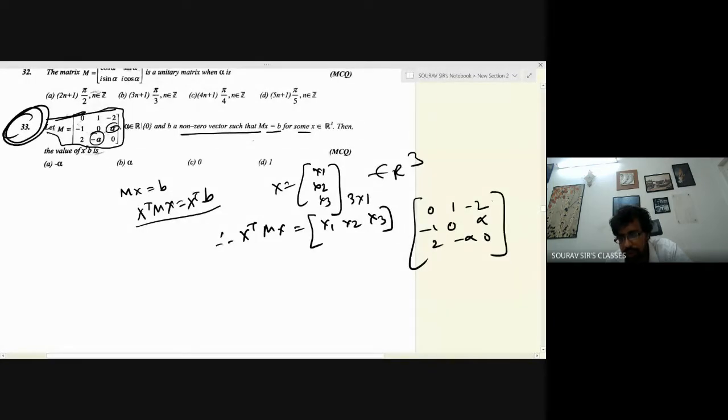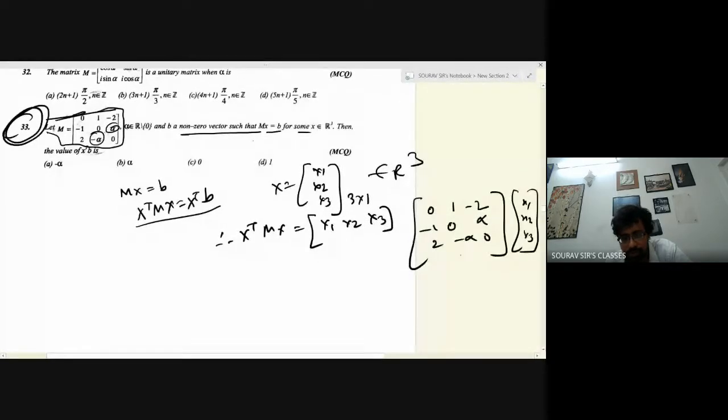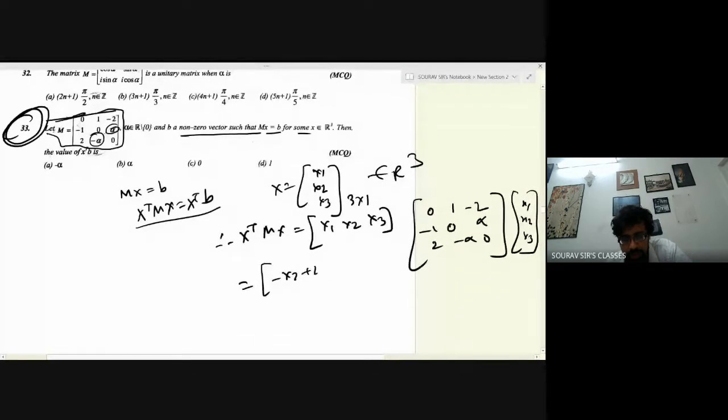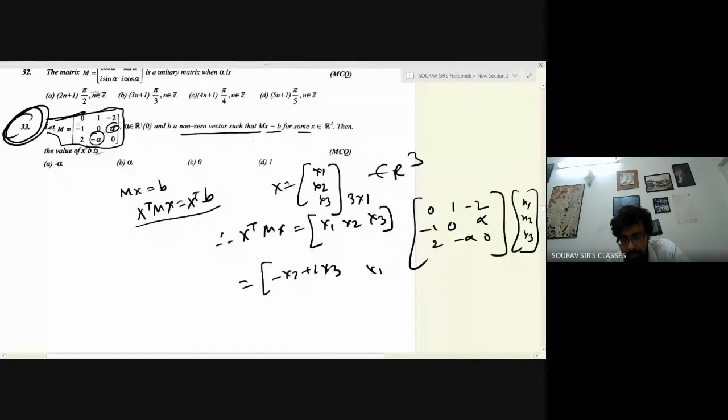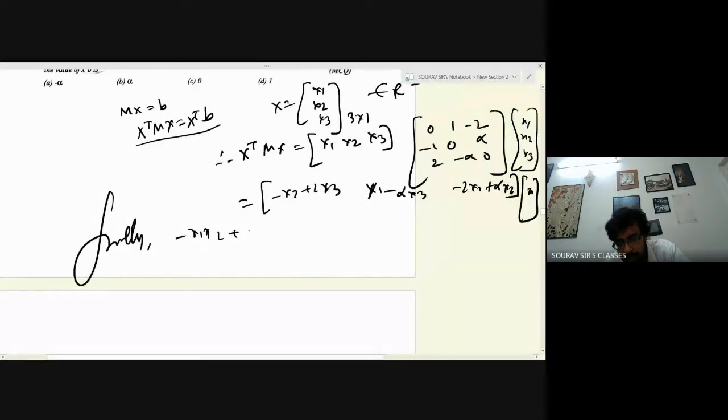And then alongside this, you multiply with x1, x2, x3. Once everything is sorted out, you get a row matrix. So finally, minus x1 x2 plus 2 x3 x1 minus alpha x3 x2.